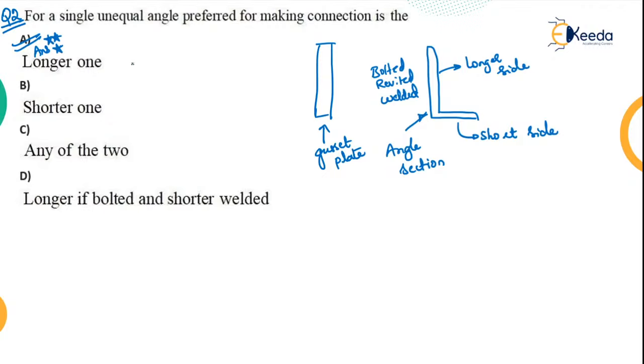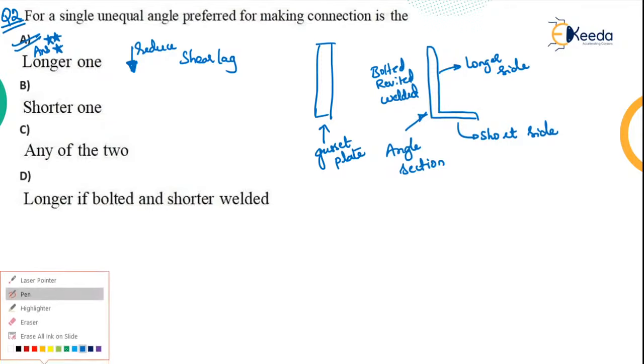Why? Because when we use the longer side and keep the shorter side freely suspended, we can reduce the shear lag which is happening. So in order to reduce the shear lag, we go for the connection of the longer one. It's an important question which you should know.